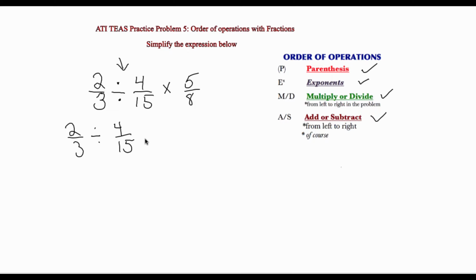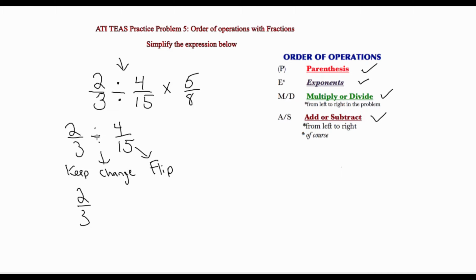If you recall from school, when you learned how to divide fractions, you had to use a concept called keep, change, flip. What this means is you're going to keep 2/3 like it is.